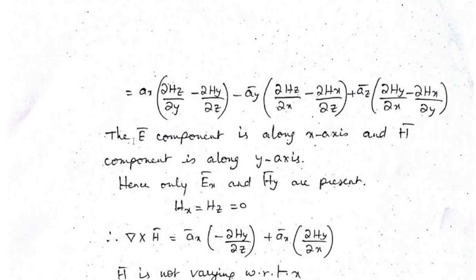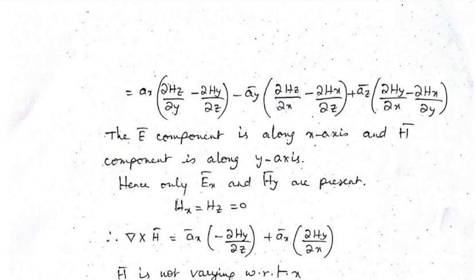One more important point is that the electric field component is along the x-axis and H is along the y-axis. So we have only the Ex component and the Hy component. The other two terms, Hx and Hz, will be equal to zero.